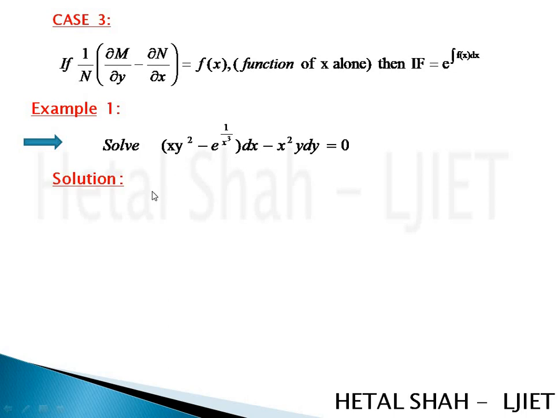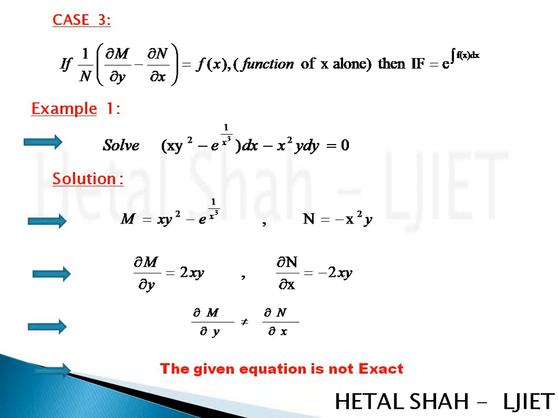So let's start with case 3, as our given differential equation is not exact. Why do we apply case 3 here? Because M has two terms and N has one term.